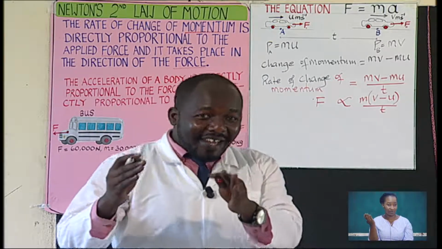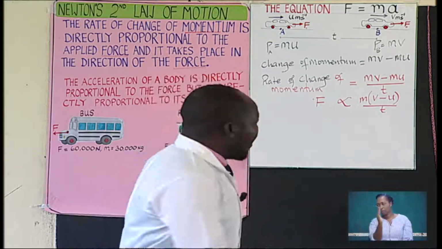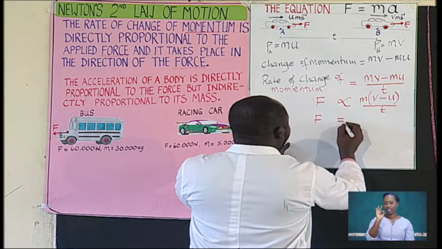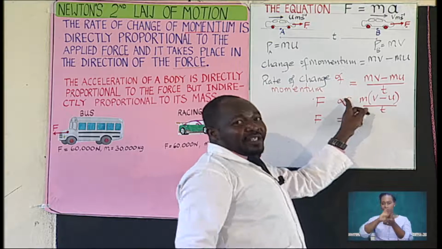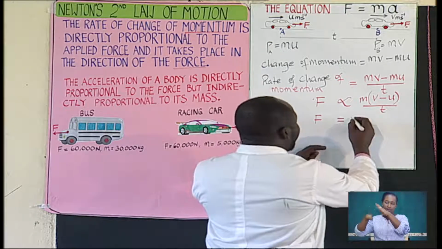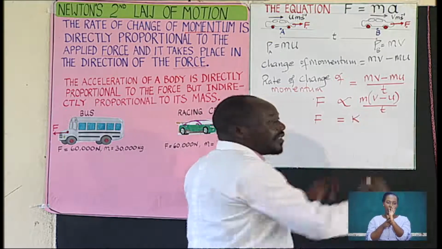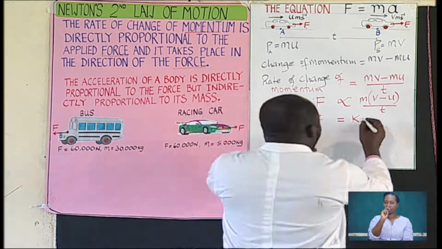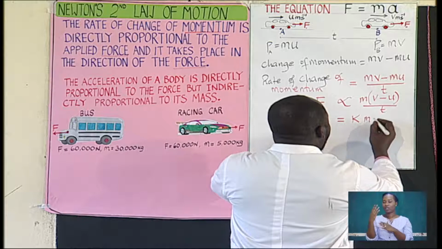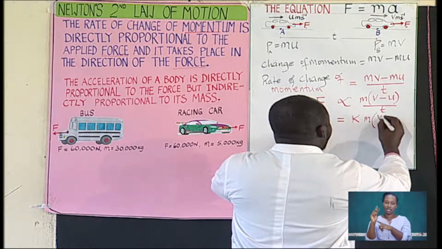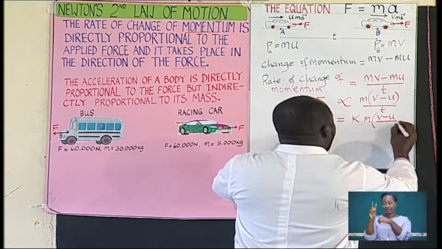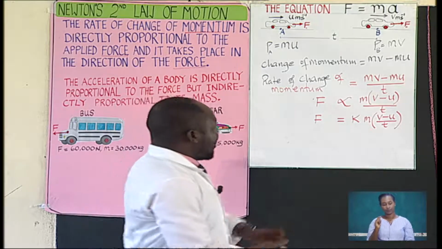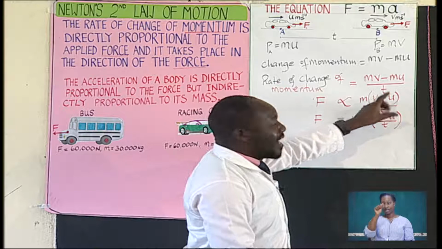Just factorizing m. That's what we have done. And so this is going to be F is equal to, if I remove the proportionality sign, I'm going to introduce a constant k. You have seen that before. Then we shall multiply this by m, then into v minus u out of t. This t is under v minus u.